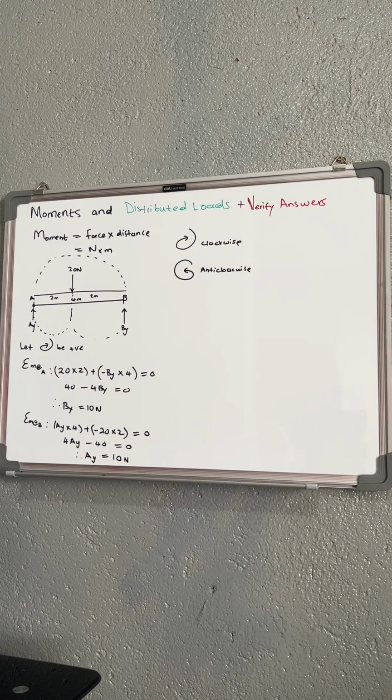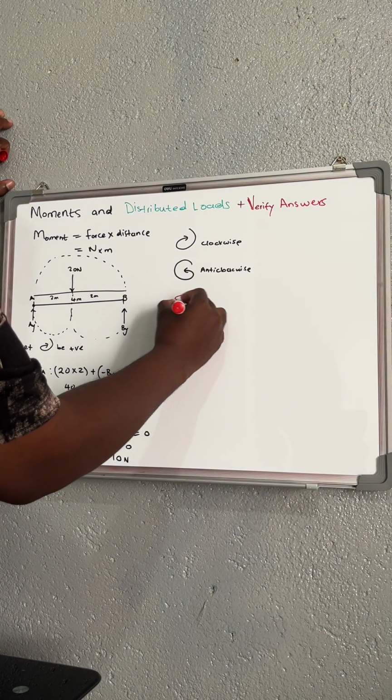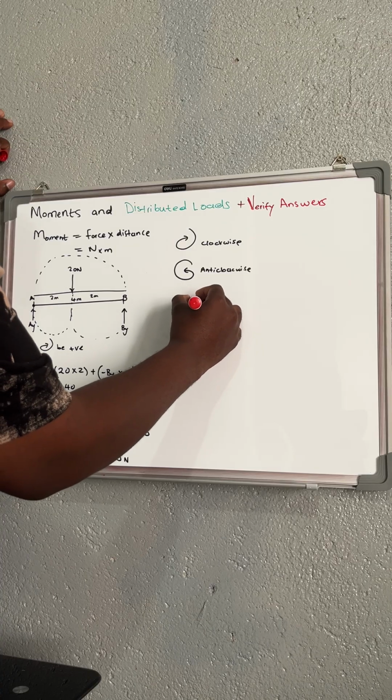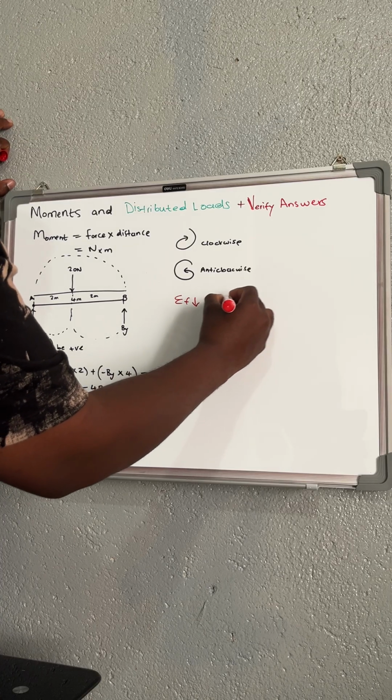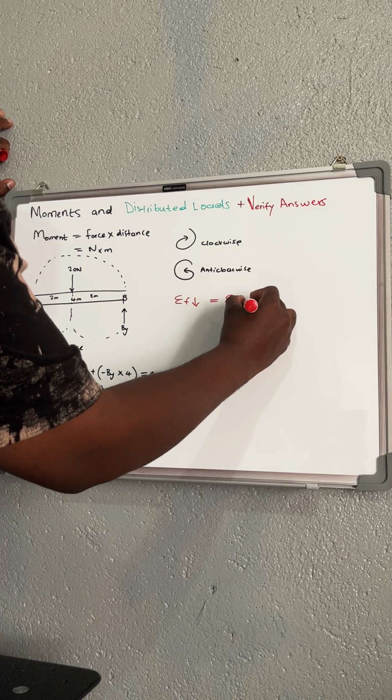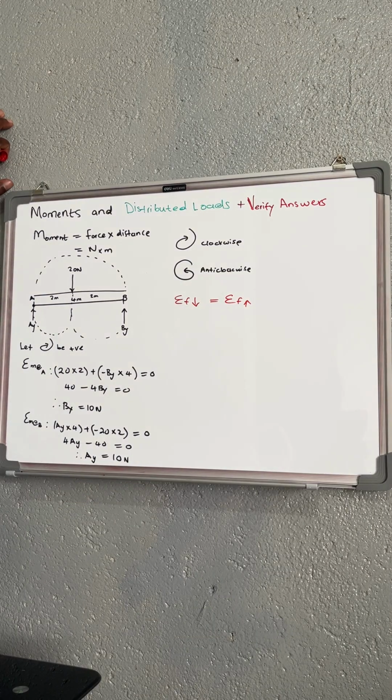Then now, how do I verify my answers? You verify your answers by checking that we know the sum of the forces going down should be equal to the sum of the forces going up. That would mean this thing is balanced. So what are the forces going down?